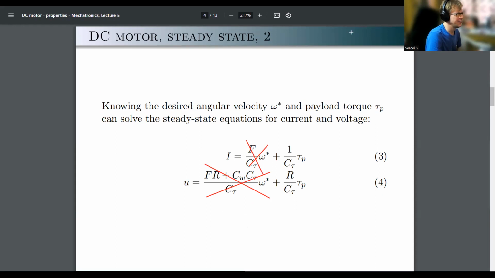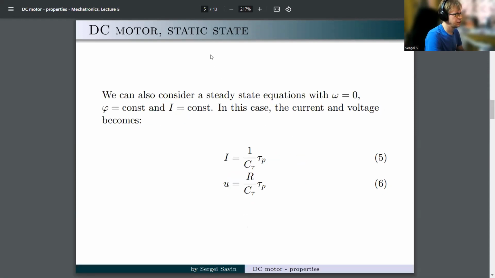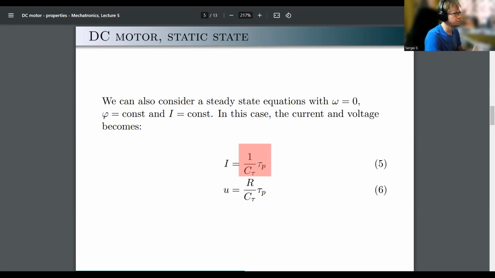It's only payload. So in fact, what remains is current will be proportional to the payload. The coefficient of proportionality is 1 over c tau. So c tau will determine how much current you need to compensate for the payload.